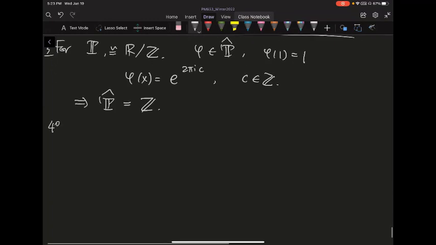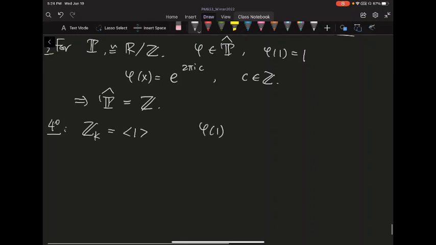And lastly, I want to do a little bit on the finite groups. Suppose you have Zk, which is just generated by 1, modulo k. First of all, this is a discrete group, so I don't need to worry too much about the topology. So phi of 1 has to be inside the unit circle, and phi of 1 to the kth power has to be equal to 1.